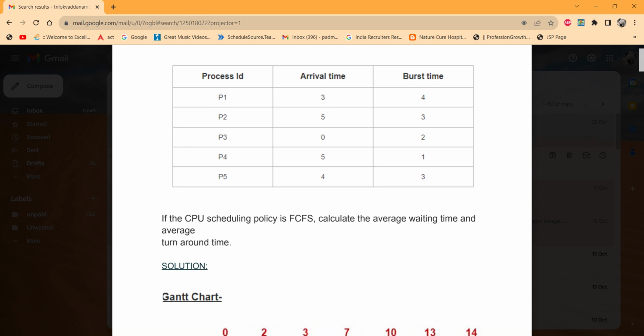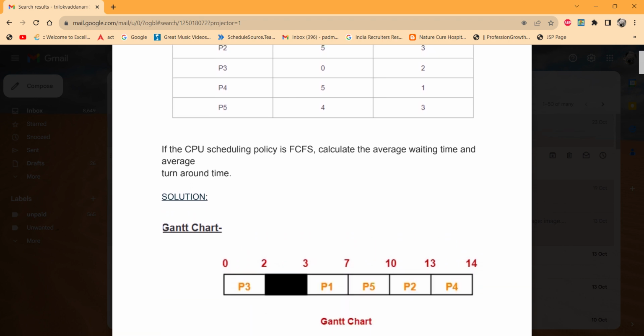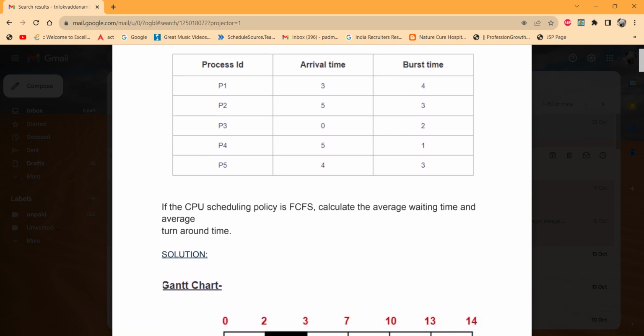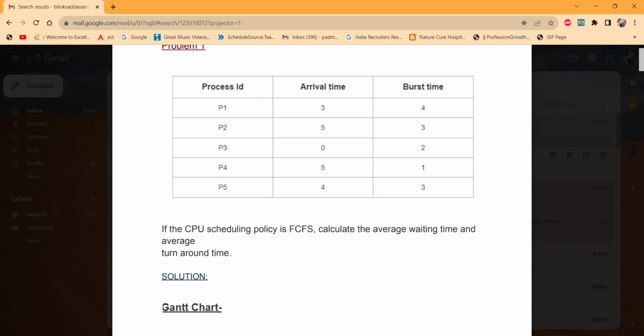If you see, among all the given processes P1 to P5, process P3 is having the arrival time 0, which means that this process needs to be attended first by the CPU according to the first come first serve CPU scheduling algorithm. So, as you can all see in the Gantt chart, process P3 is attended first by the CPU, and it has been run for 2 units.